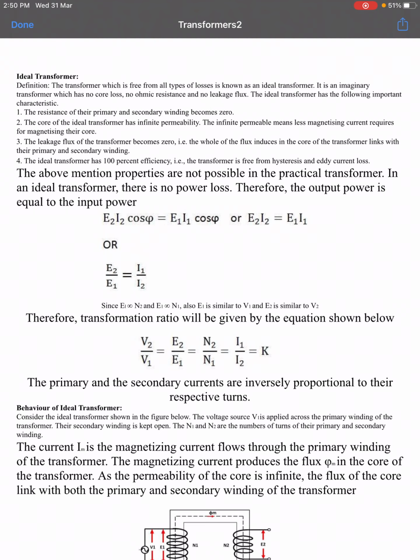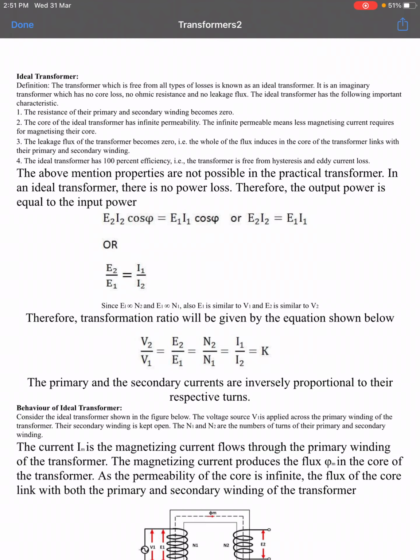So the transformation ratio we can write here: V2 by V1, the secondary voltage by primary voltage, equals secondary induced EMF by primary induced EMF, which also equals secondary turns divided by primary turns, which also equals primary current divided by secondary current.